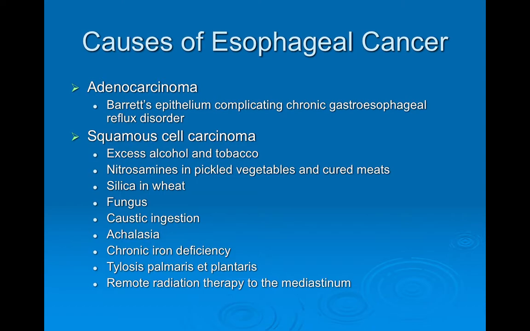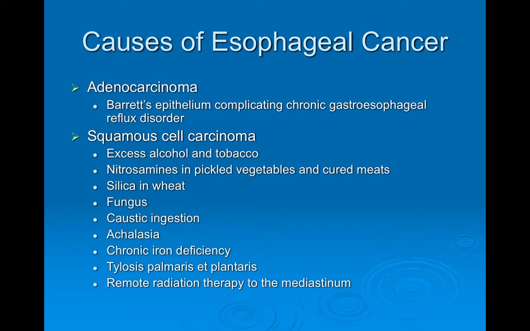But the difference between squamous cell cancer and adenocarcinoma is that squamous cell cancer is typically due to exposures to things. So if you eat a lot of really hot, spicy foods, or if you burned your esophagus from ingesting lye or something crazy like that.